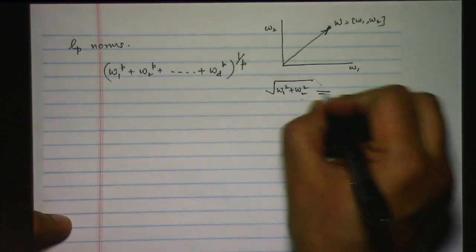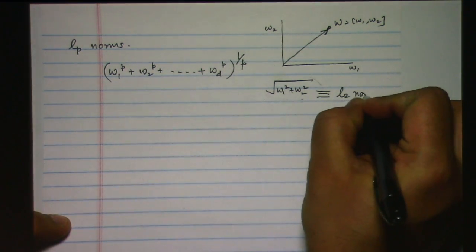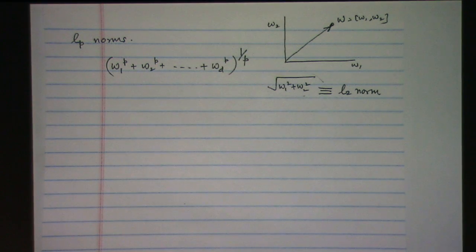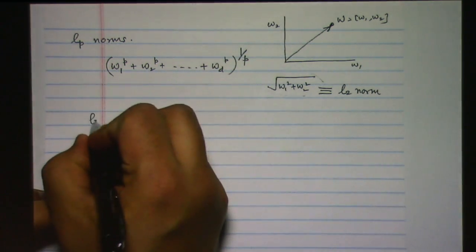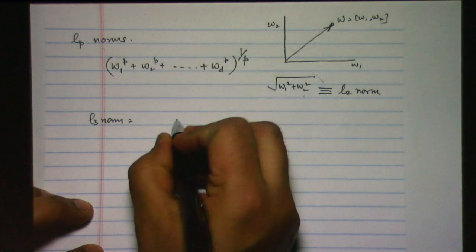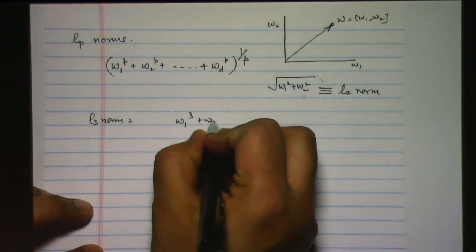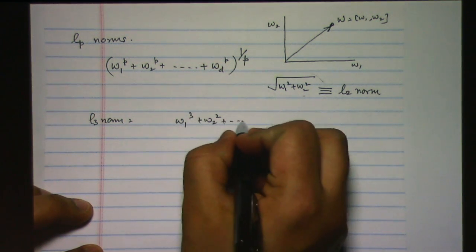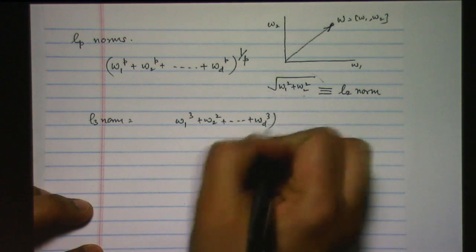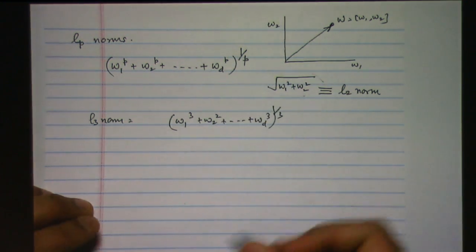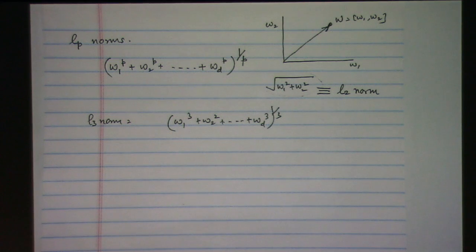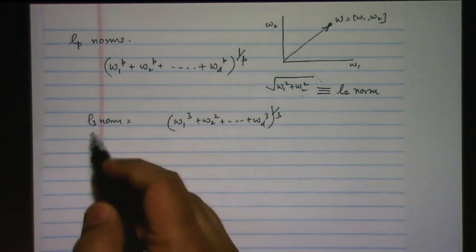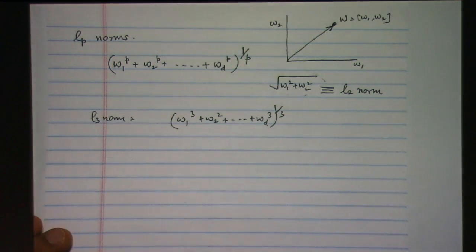So this is actually same as an L2 norm, right? But you can also define an L3 norm, which will be W1 cube plus W2 cube and so on, all raised to 1 by 3. So you'll come across these norms a lot in machine learning. So that's another, the L3 norm, but it's defined as this.